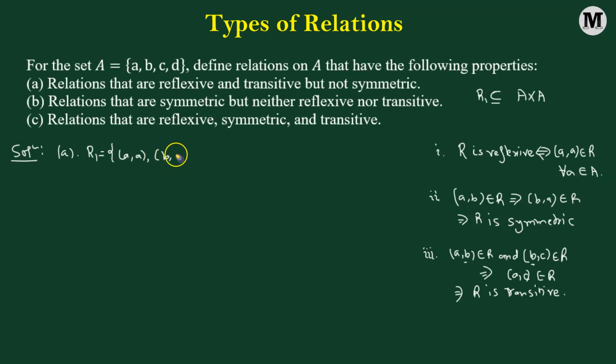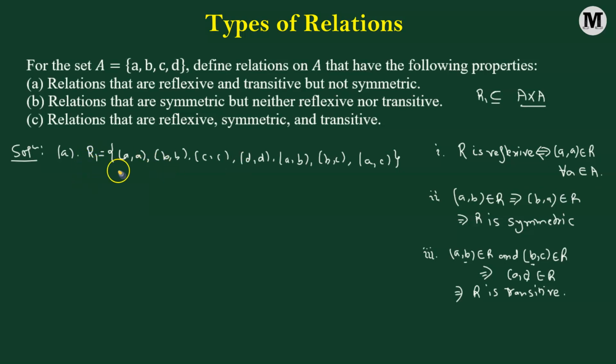Next we have (b, b), then (c, c), and then (d, d), and then (a, b). Next we pick (b, c), and then (a, c). These are some of the ordered pairs that we are picking from the Cartesian product of A and A, and each of these belongs to the relation R1.